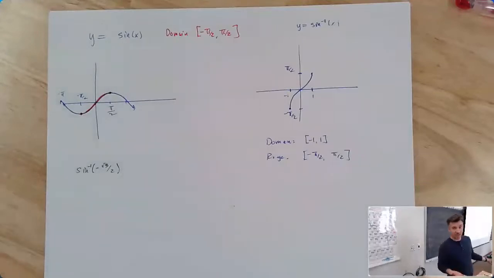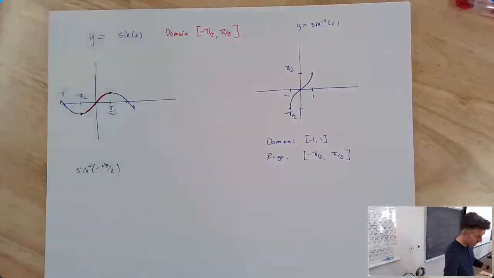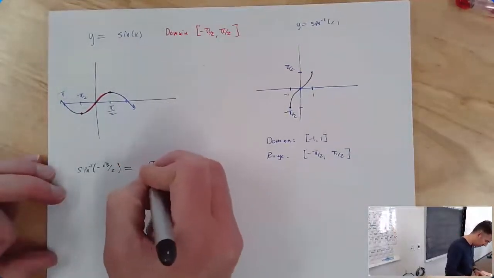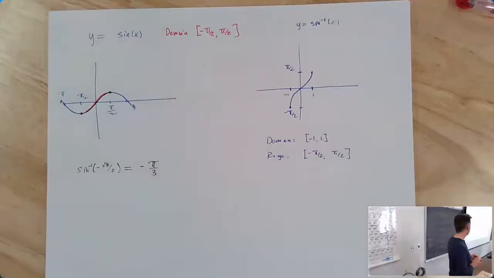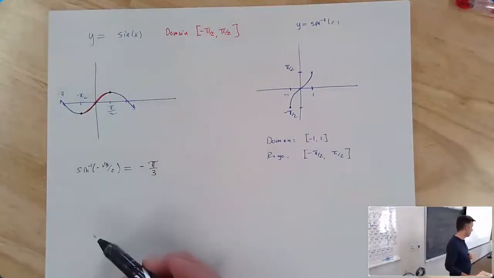Or what's the angle that if I took sine of that angle, I get +√3/2? And the angle would be π/3. And so if I'm looking for inverse sine of -√3/2, I know the angle is going to be -π/3. Which is super convenient for inverse sine. Inverse sine, all of the negative values just give you the corresponding negative angle.